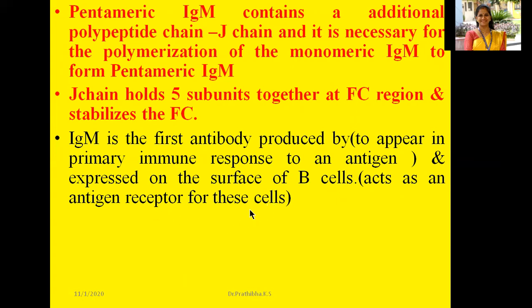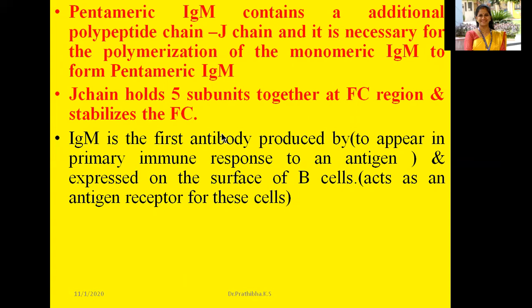I showed in the previous class a diagrammatic representation that on the surface of the B cell there was the presence of IgD and IgM. Whenever an antigen comes, this IgD and IgM is going to act like an antigen receptor, which in turn gives the signal to the B lymphocytes for the production of the antibody.